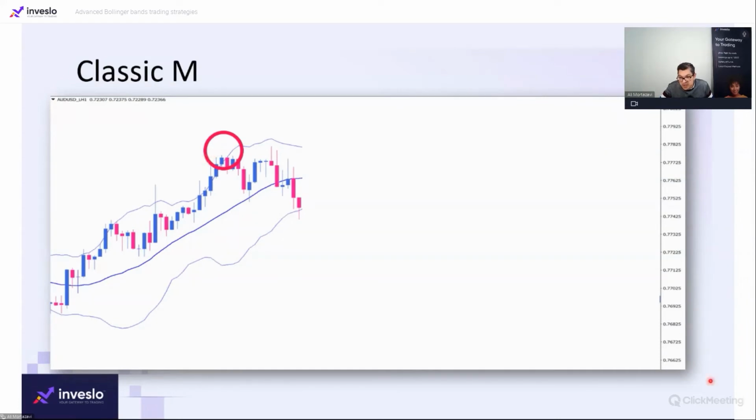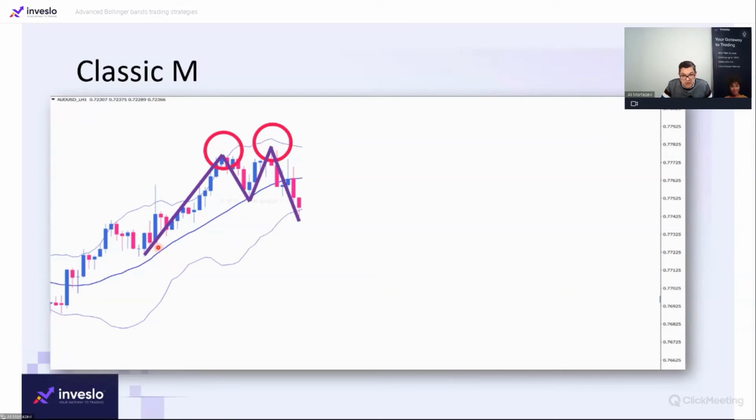After that, the price pulls back toward the middle band or lower, like you see here, making a new high, but it doesn't close above the upper band. However, it can be higher or lower than the previous high. It doesn't matter. If the price drops below the previous pullback low, we have an M top pattern.